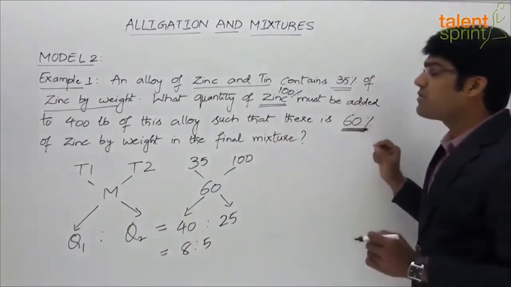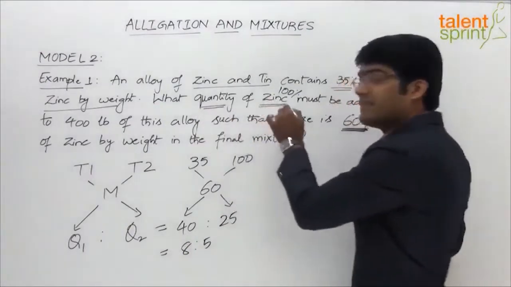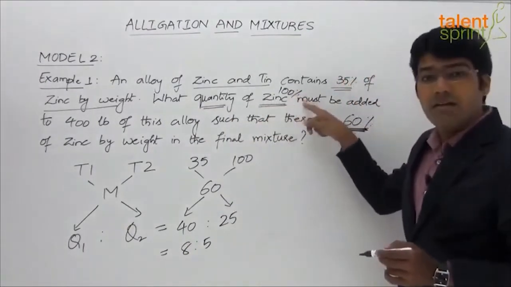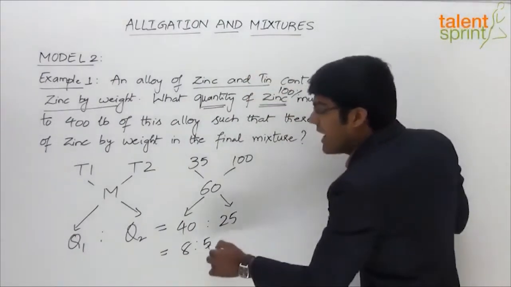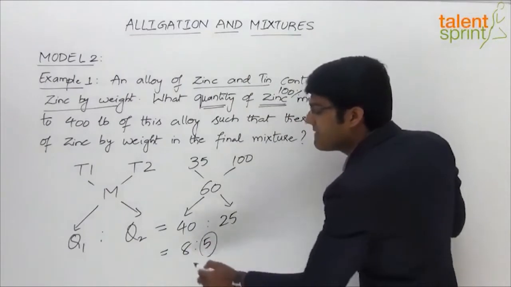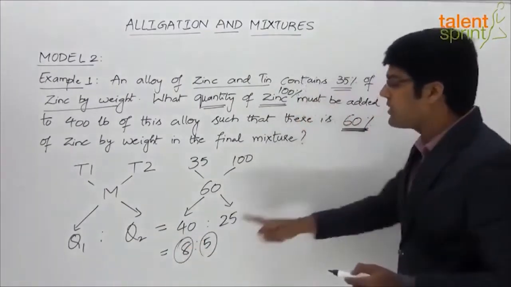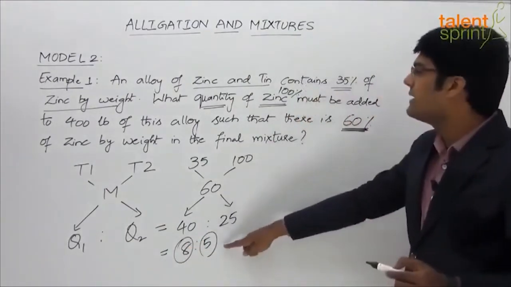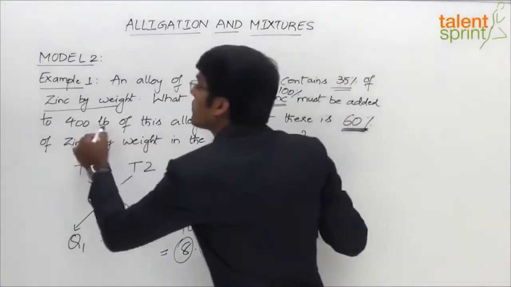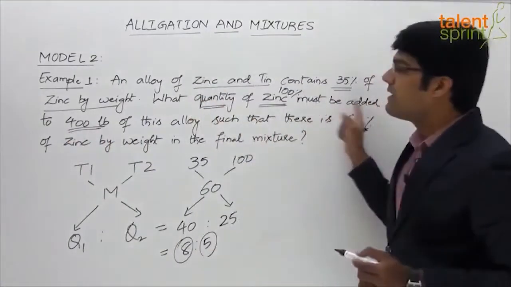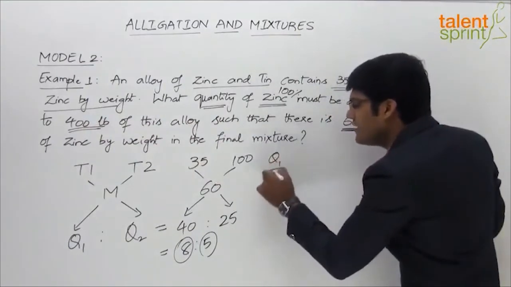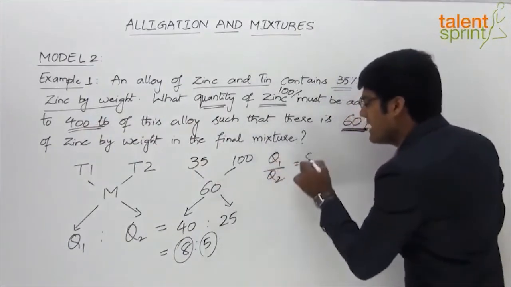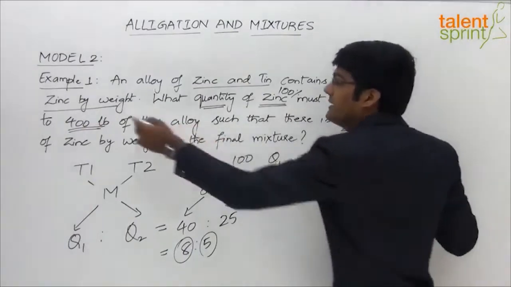Now we are supposed to find out what quantity of the 100% zinc must be added to the first alloy. So this Q2 has to be calculated. We know that Q2 is 5 parts and Q1 is 8 parts. But Q2 in terms of weight has to be calculated, where Q1 is 400 pounds. The quantity of the first alloy is 400 pounds. So Q1 by Q2 equals 8 by 5 from the ratio, and Q1 is 400.